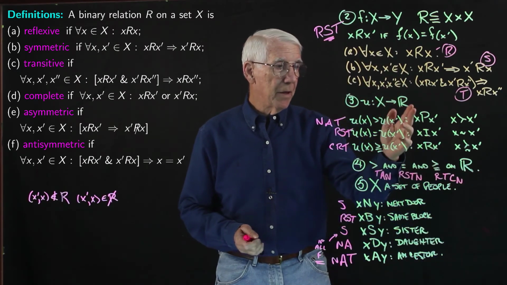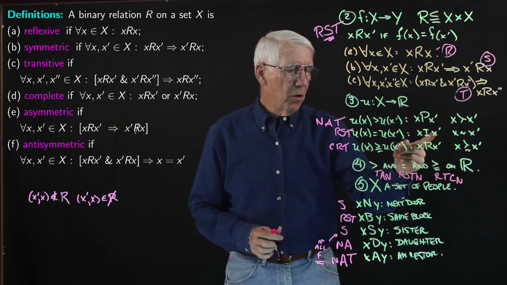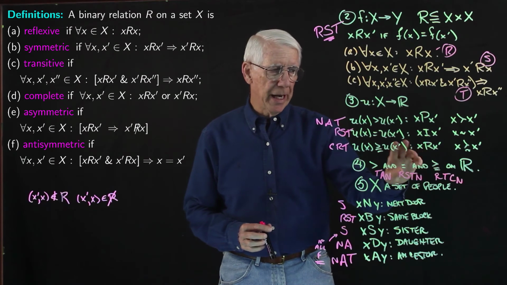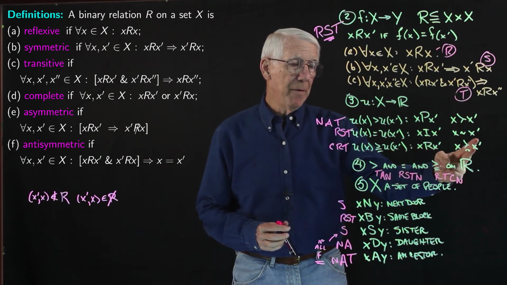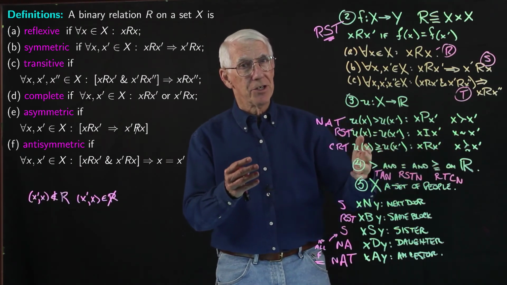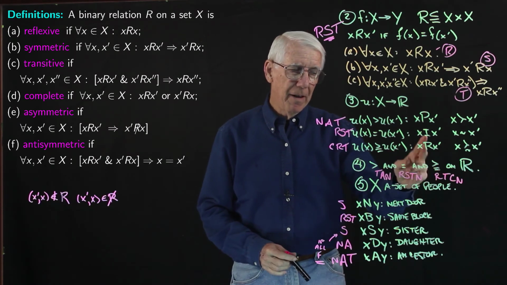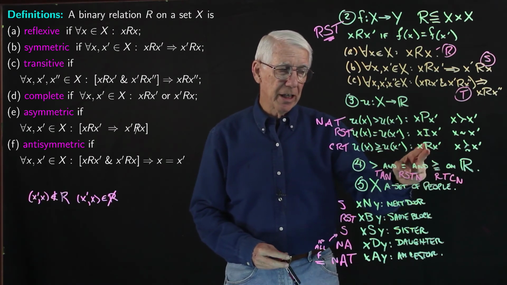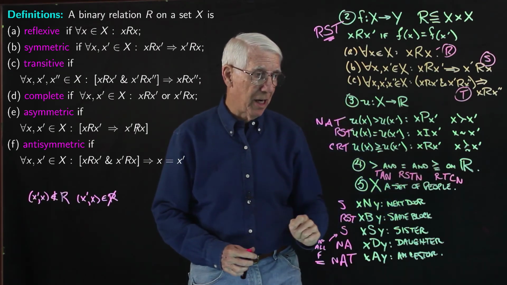It's just the same distinction as here and here. That is, we could have two distinct elements, x and x prime, where x is at least as good as x prime and x prime is at least as good as x, but they're distinct because the decision maker is indifferent between them. But that can't happen down here. If x prime is greater than or equal to x and x is greater than or equal to x prime, then x has to be equal to x prime.